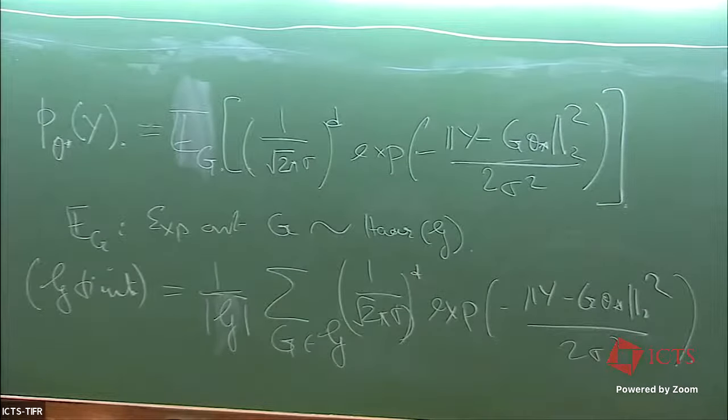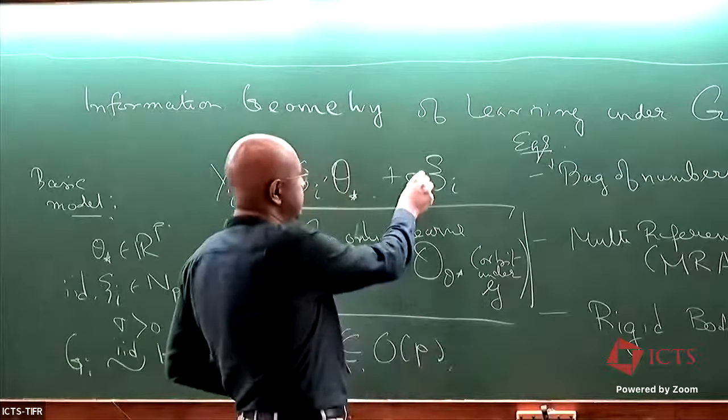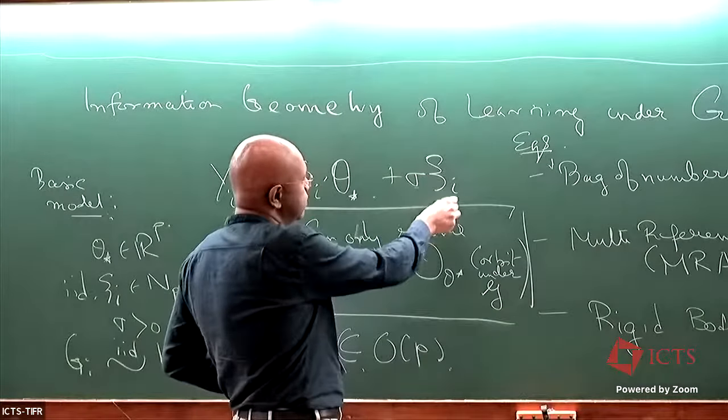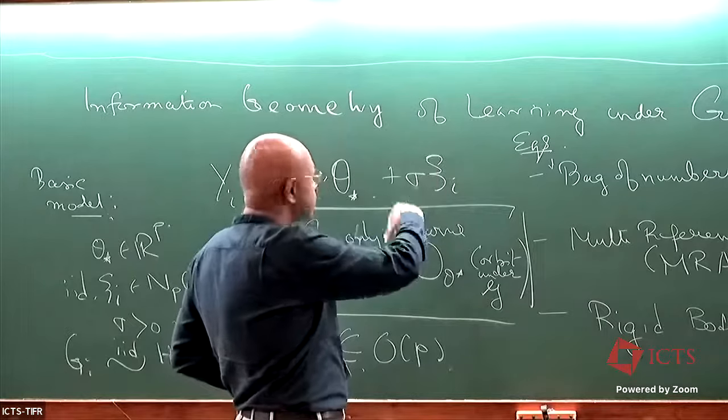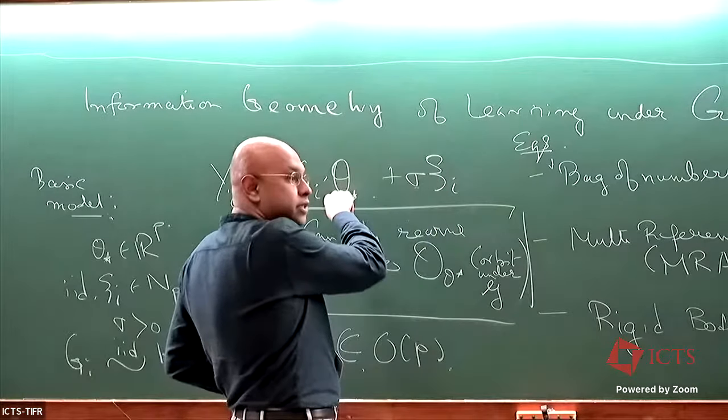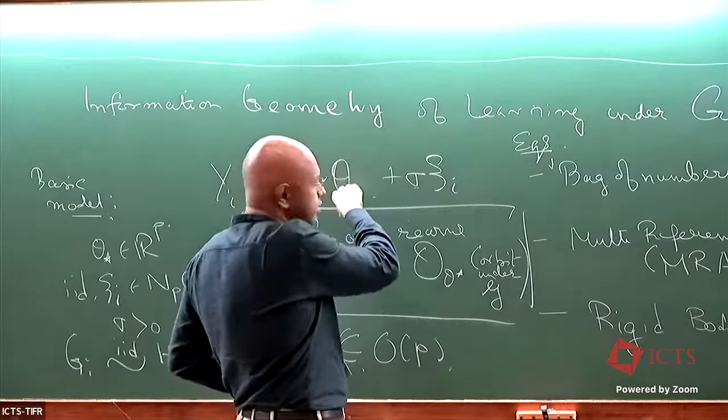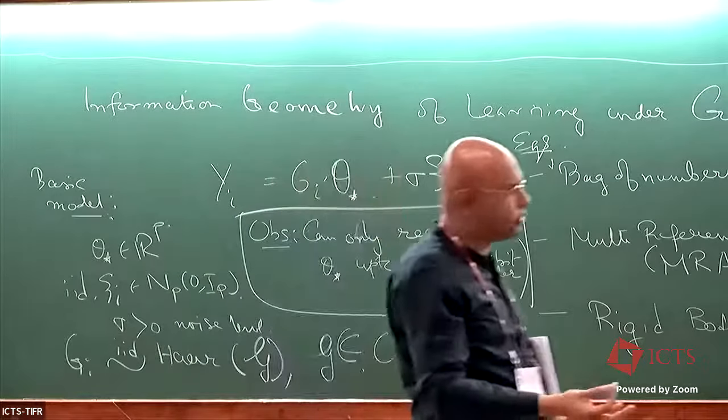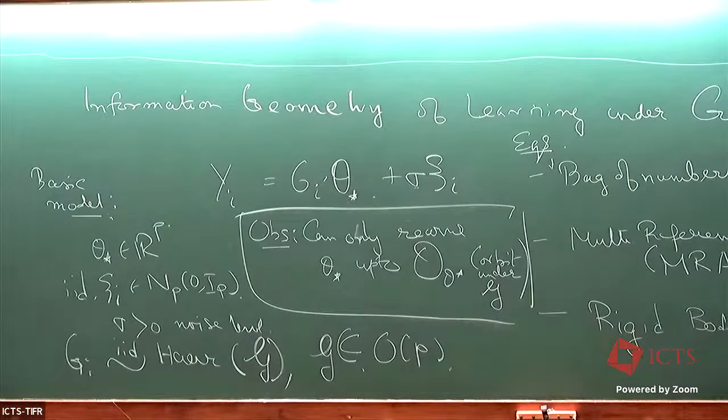By central limit theorem effects, if n was sufficiently large compared to the noise level sigma, the contribution from the noise would be of a smaller order compared to the size of theta star, and that would basically help us recover theta star. But here, averaging does not work.